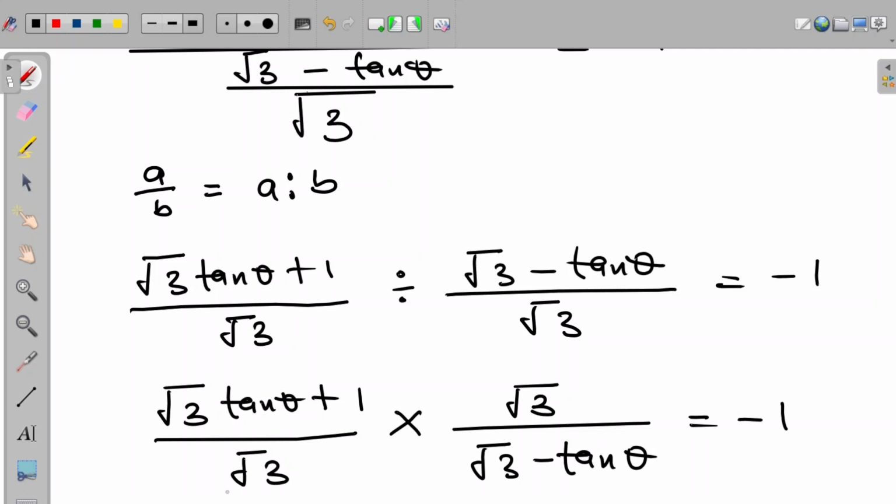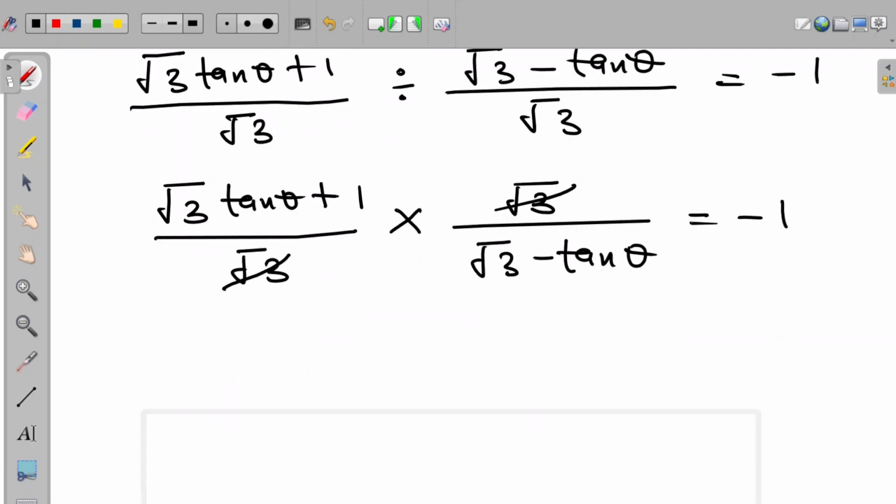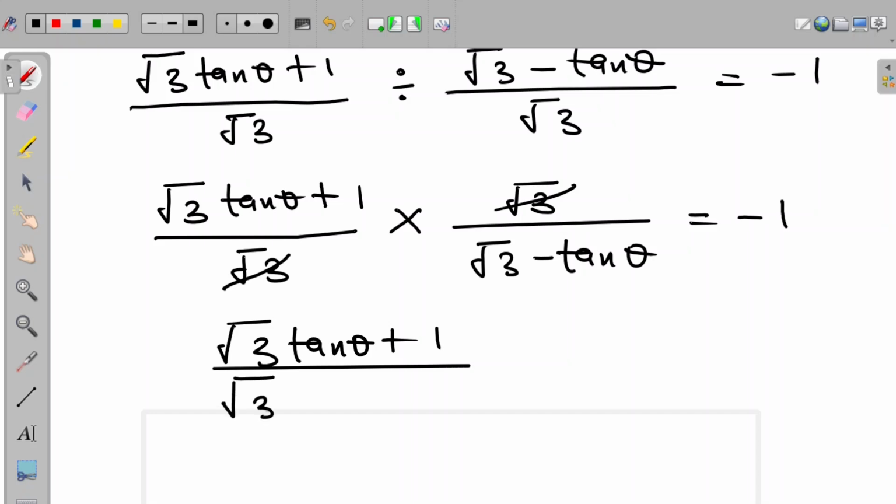At this point, root 3 can cancel out root 3. So the equation becomes root 3 multiplied by tan theta plus 1 all divided by root 3 minus tan theta equal to negative 1.